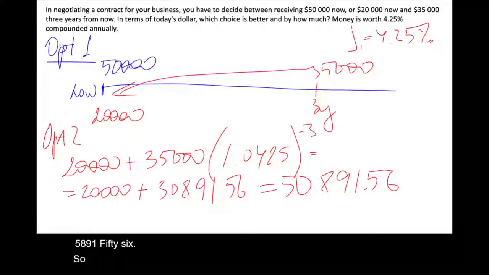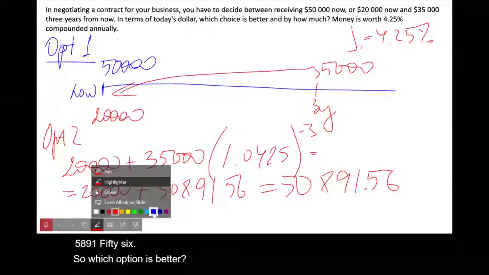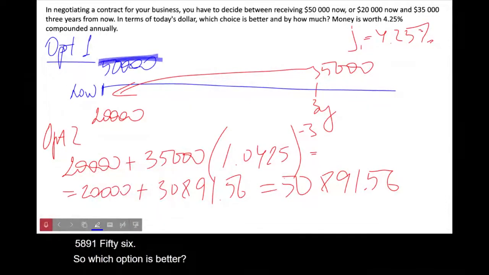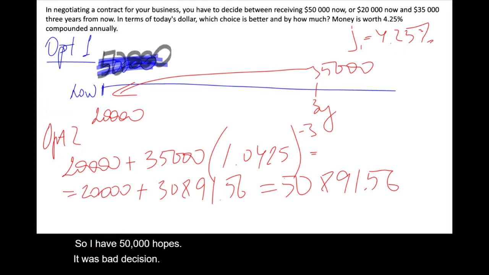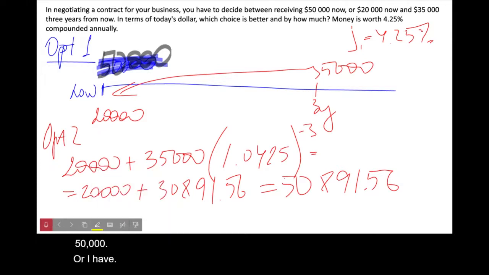So which option is better? I have 50,000, or I have 50,891.56. Which option is better, people?